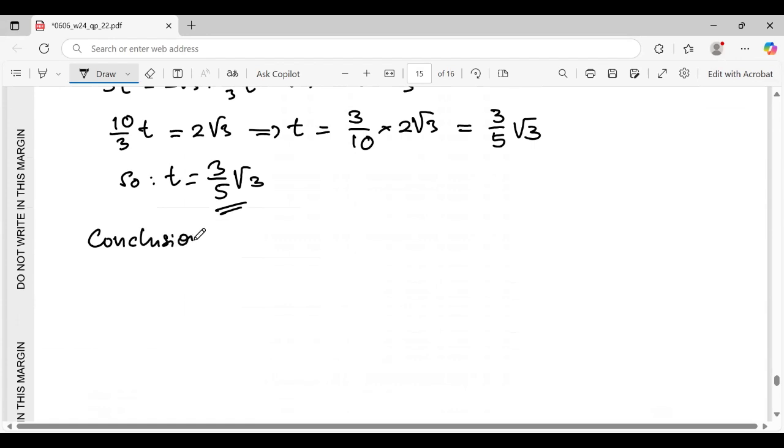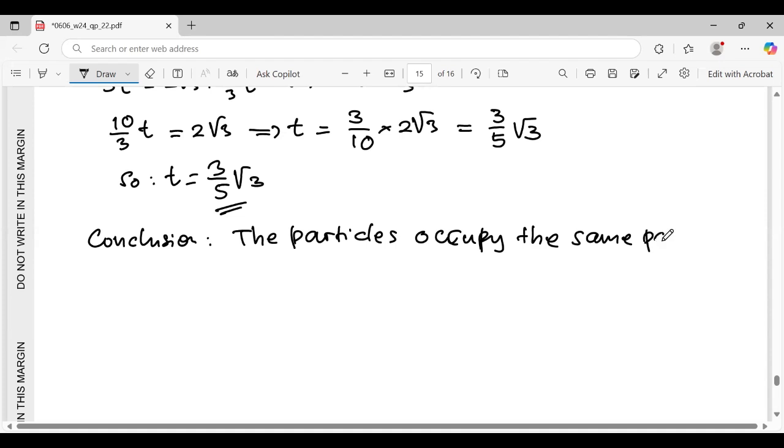Conclusion: the particles occupy the same position at time t equals 3/5 square root 3 seconds.